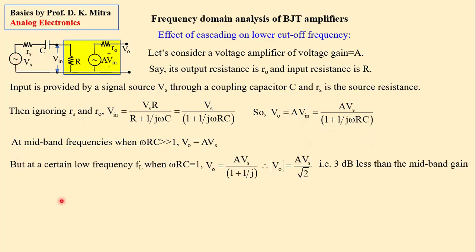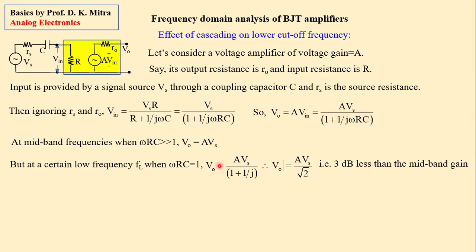But at a certain low frequency, as the frequency becomes low, omega becomes lower, so this factor 1 upon omega RC becomes higher. At a certain point, omega RC is equal to 1.